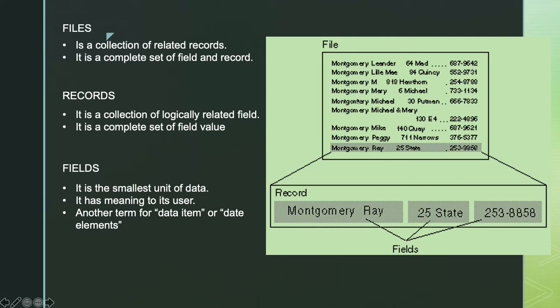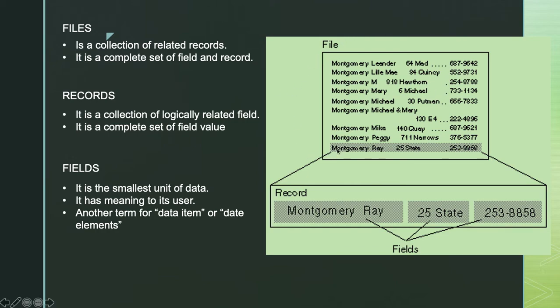For example, this one, we do have names, we do have company name, we do have address, we do have contact number. Okay? Lahat ng yan, it is called files. It is a collection of related records. It is a complete set of field and record.